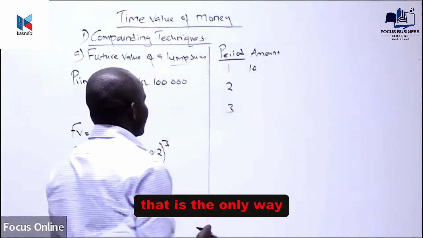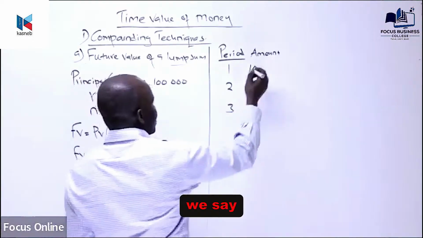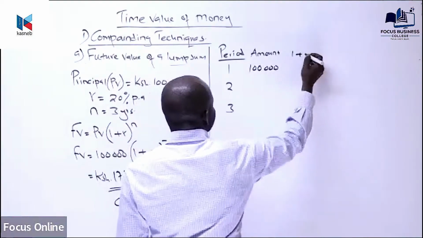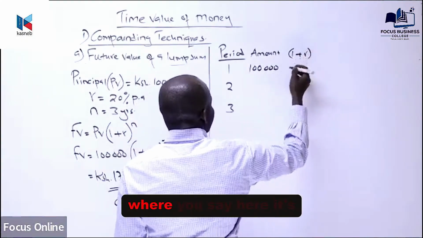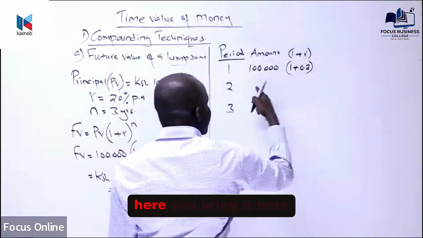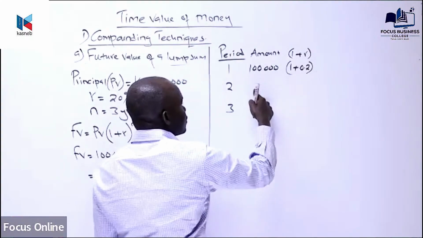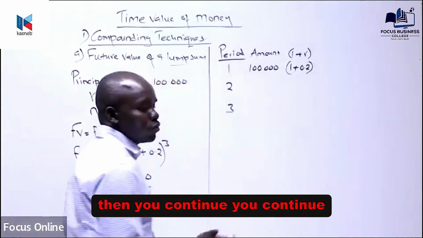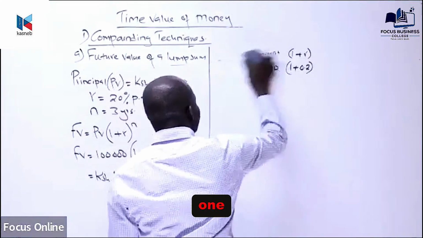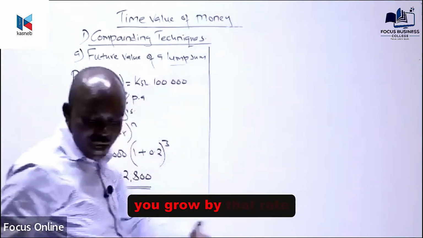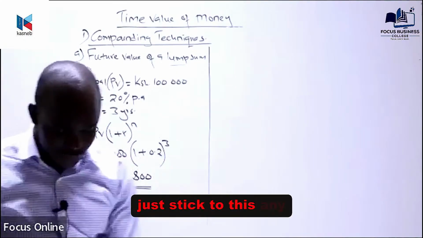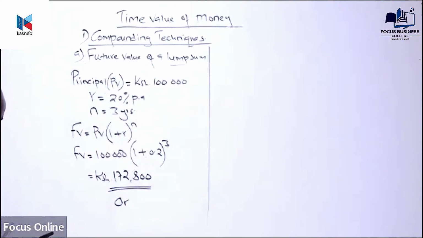But this one is very long, where you say 1 plus 0.2. The figure that you get here, you bring it here, then you continue. But that will not apply in this case because we are only investing once. So just stick to this. Any question before you continue? We want to proceed.